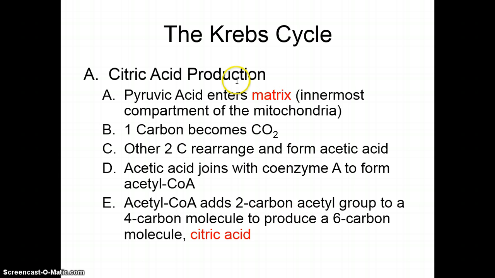So essentially what I want you to know here is that the pyruvic acid, which is a 3-carbon molecule, will break down into 1 carbon that will turn into carbon dioxide, and the other 2 carbons will rearrange to form acetic acid that will then turn into citric acid at this point.